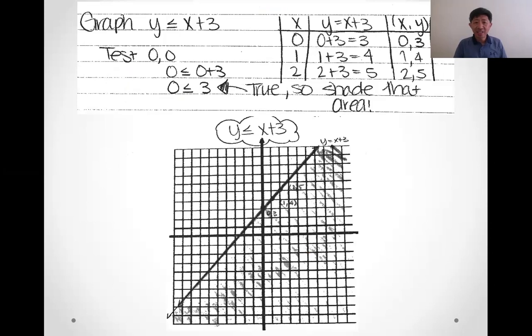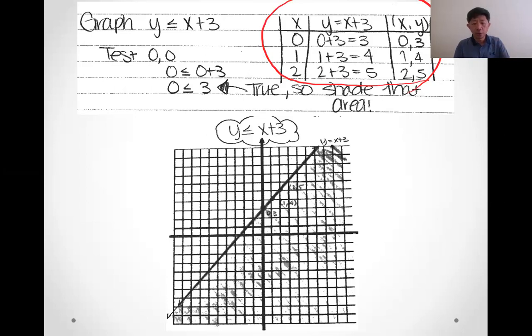y less than or equal to x plus 3, all right? Okay, number 1, we find out what the line is, just like doing a line equation, okay? Graphing a line. So we make a table like this.